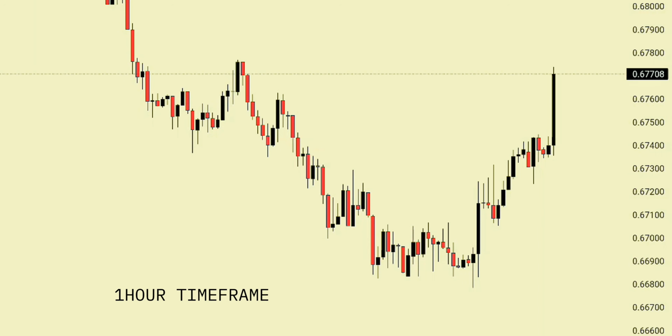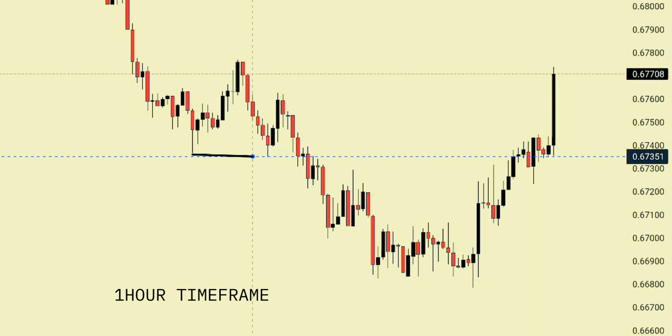This is important because it gives us our directional bias. When the trend is bearish on the 1-hour time frame, we are not interested in buying. Instead, we wait for price to come back to a premium level where institutional sellers previously entered the market. Only then do we prepare for a new sell opportunity.